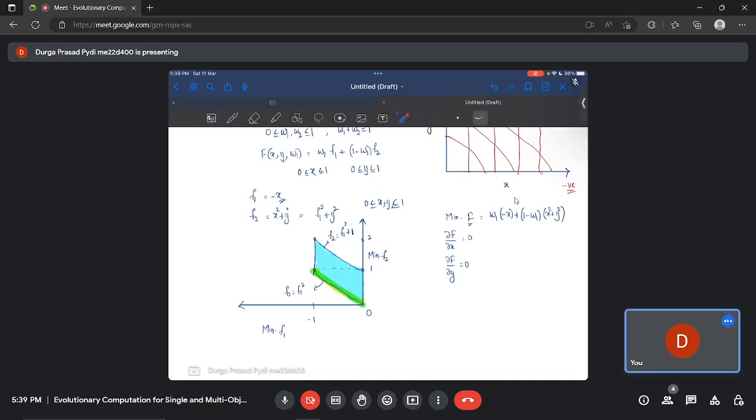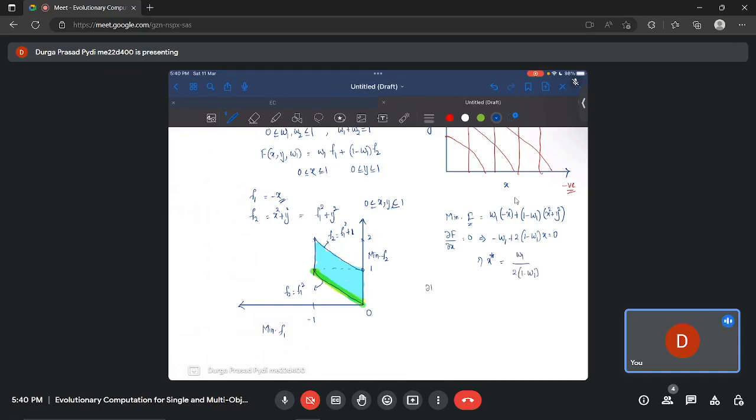So this is my new objective function. The first step is del F by del x equal to 0. So this gives me 1 plus 2 times (1 minus w1) times x equal to 0. This gives the stationary point, as previously discussed, that is x star equal to w1 by 2 times (1 minus w1).